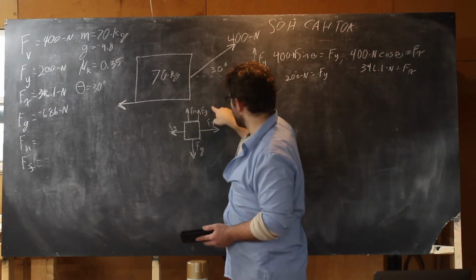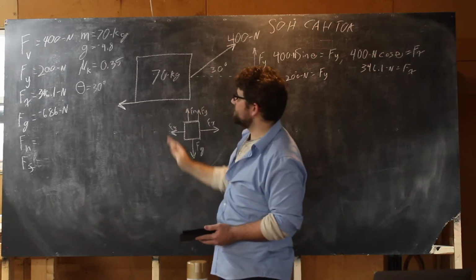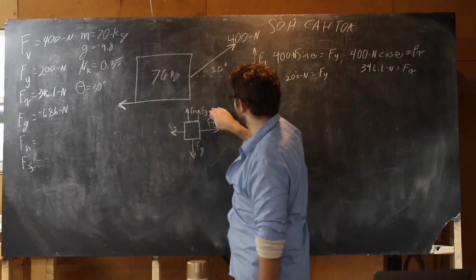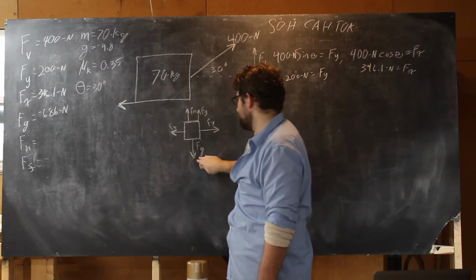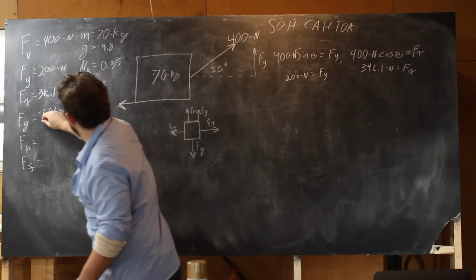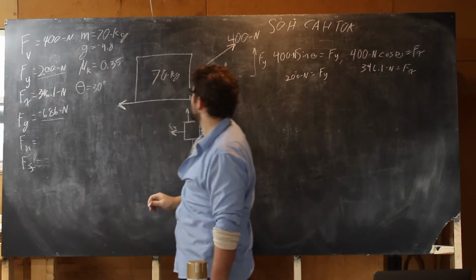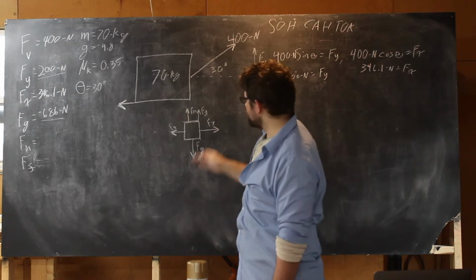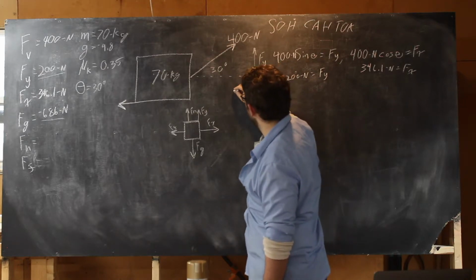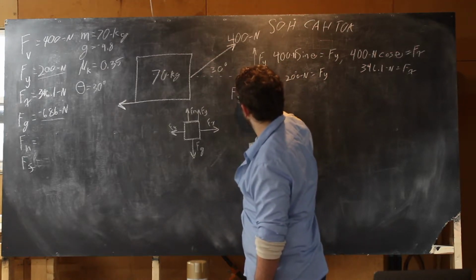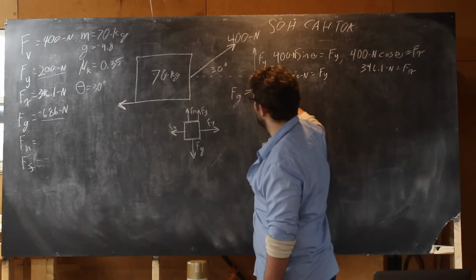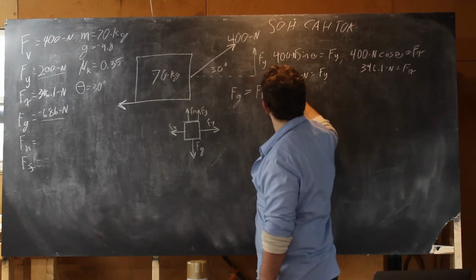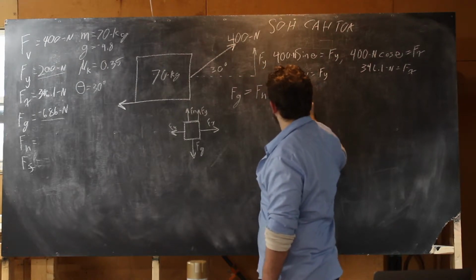These are reactionary forces. Whatever happens, unless this is accelerating back and forth, which would only be the case if the force of y was greater than the force of gravity, which it is not, then we're going to set up an inequality. Our total is going to be 0, so I know that force of gravity is going to be equal to the force normal plus force in y.